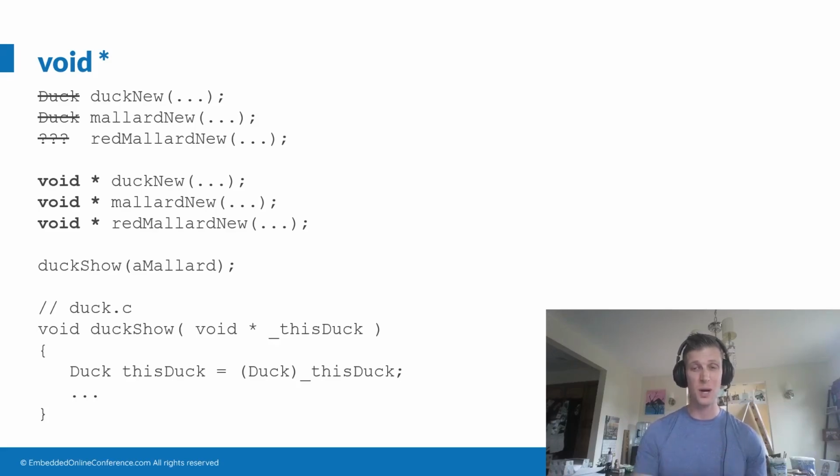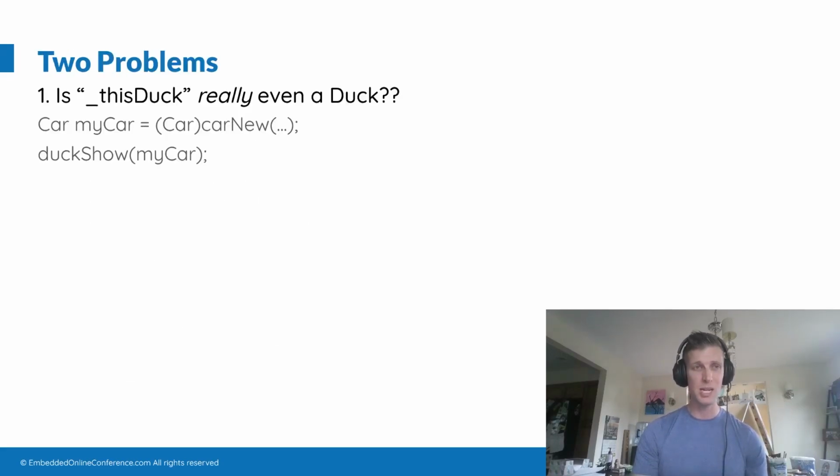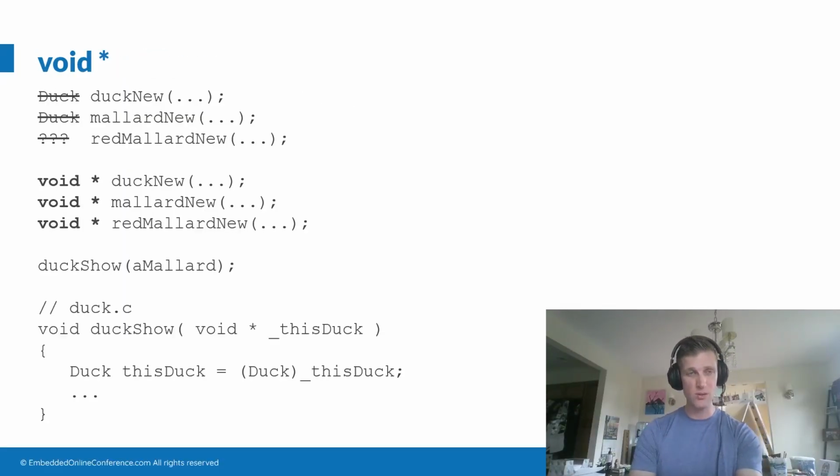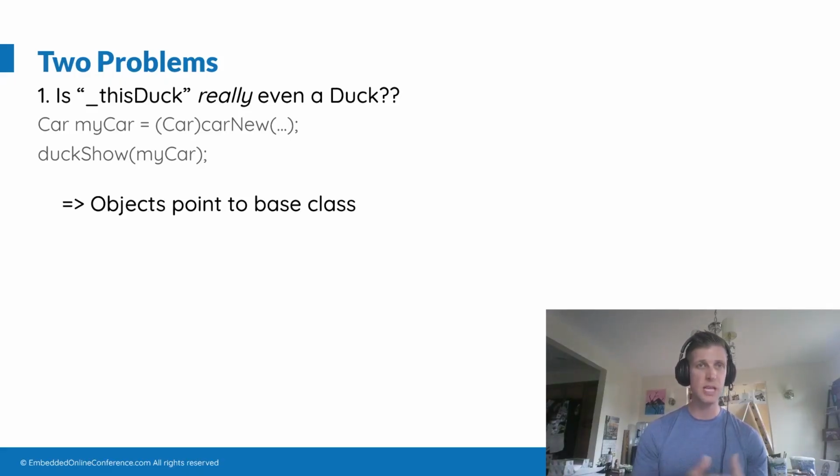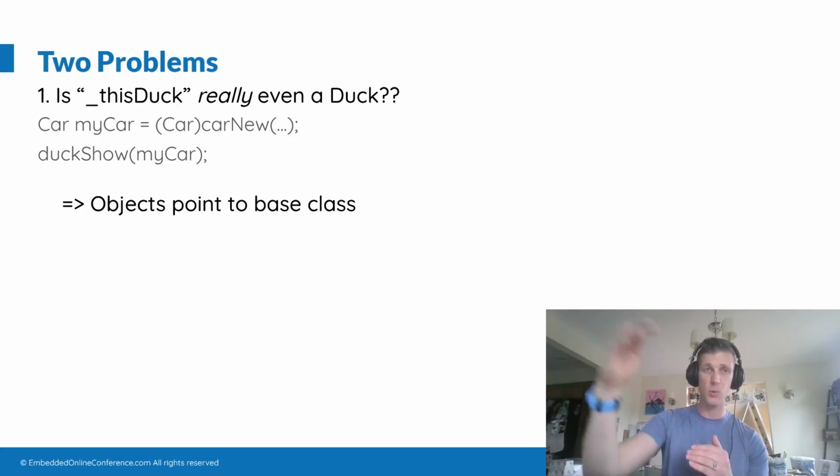And there are lots of bombs that come with that that we need to address. Well, two in specific. One is, how do I even know that this void pointer that I'm passing to this function is even a duck? You can see in this little pseudocode here, maybe I'm making an object of a totally different type, and I'm trying to call this duck function on this object of a totally different type. So what this means is that my objects now have to contain information that points upward in the class hierarchy, that effectively points to the base class.